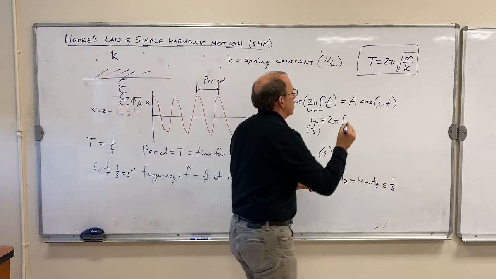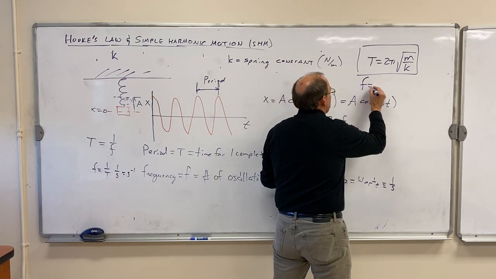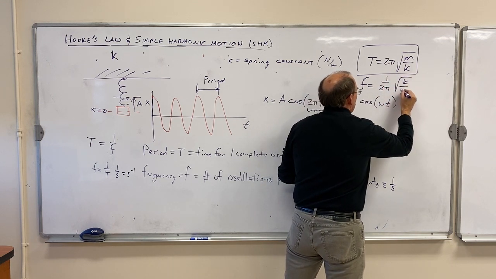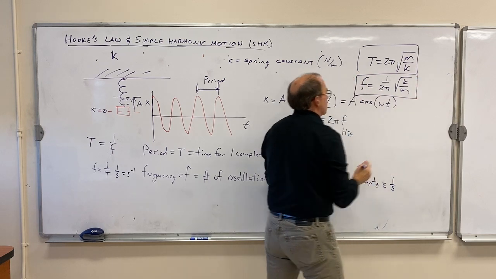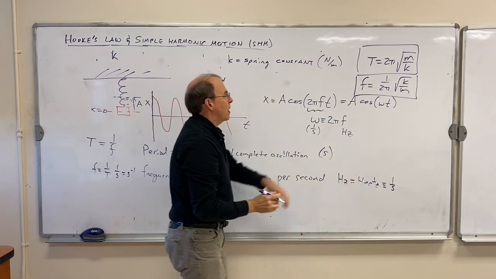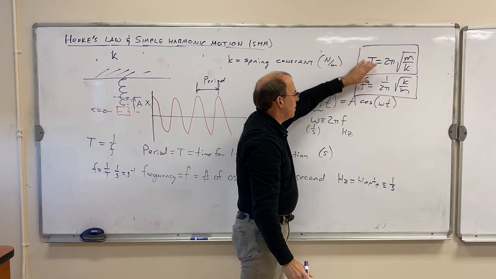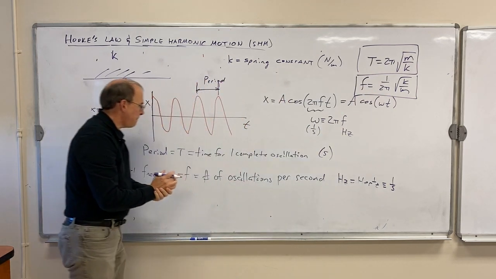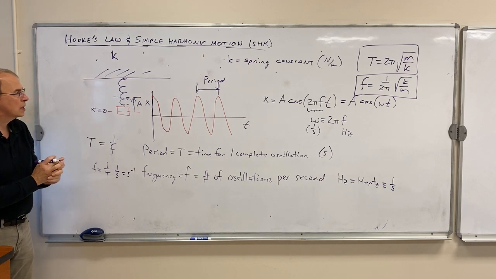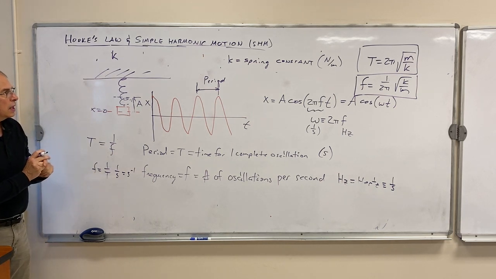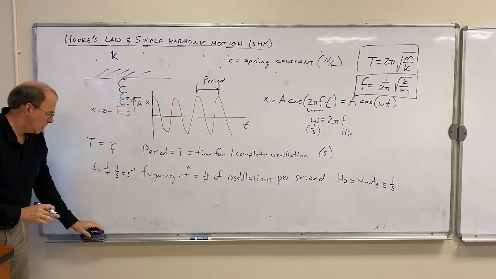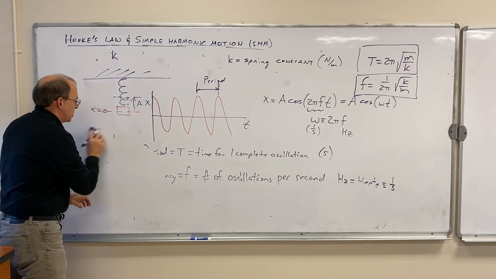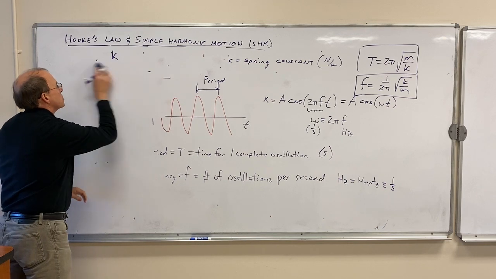Since frequency and period are reciprocals, we can also get that frequency is 1 over 2 pi times the square root of k over m, and you might see it introduced that way. Those are just reciprocals, but you might find it easier to think one way or the other. So all of these equations are very simple, very straightforward.